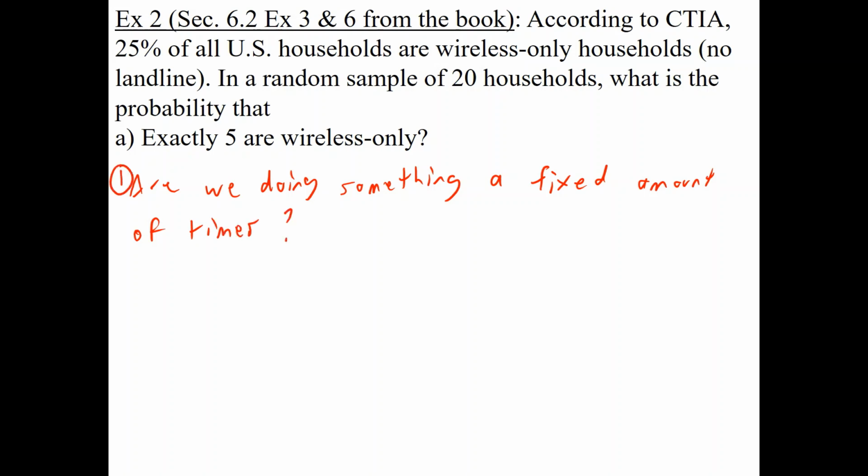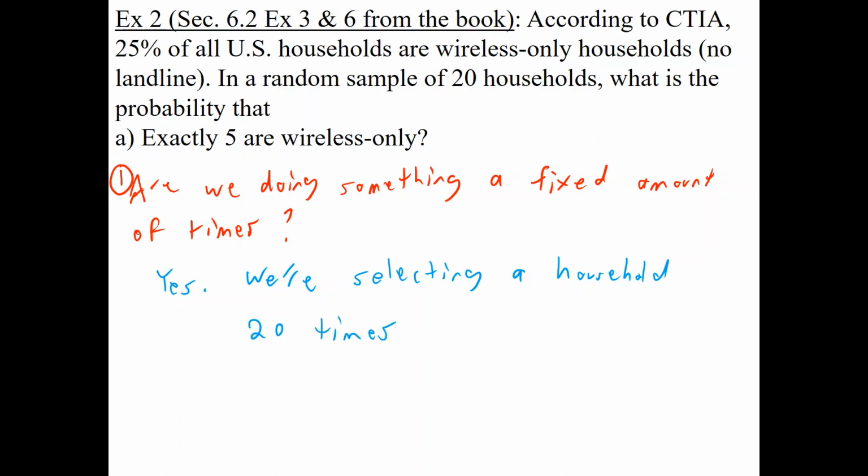Again, you do not have to show this on a quiz or anything. And the answer is yes. We're selecting a household 20 times. Okay, so that's the first ingredient.